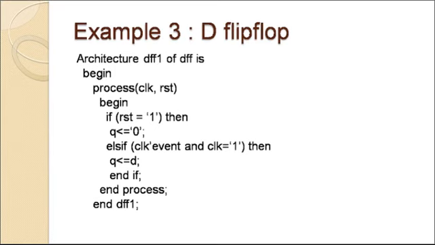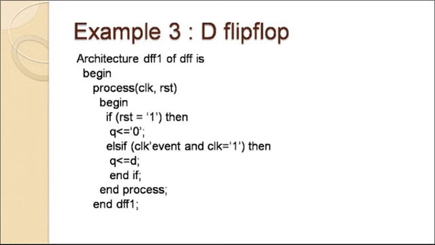And clock'event: now I will tell you that 'event is an attribute. There are different types of attributes. This attribute is what? Whenever an event occurs on a clock, either from 0 to 1 or from 1 to 0, it will return true. Whatever you have written means there should be an event on the clock and the value of clock is 1.